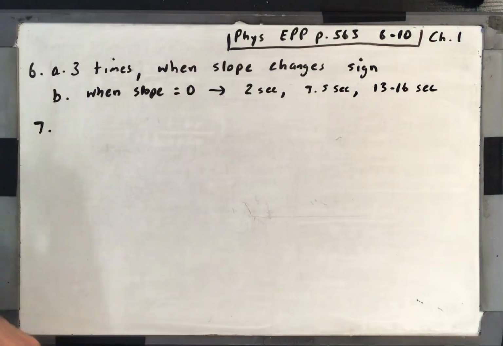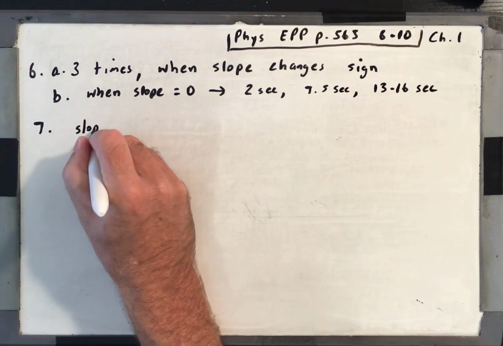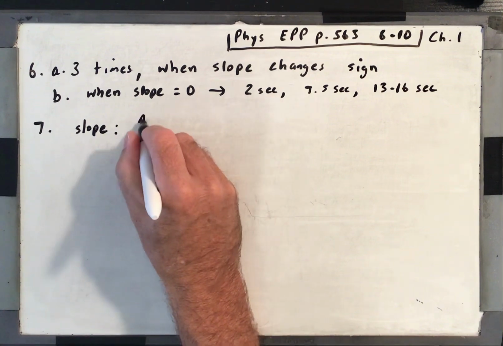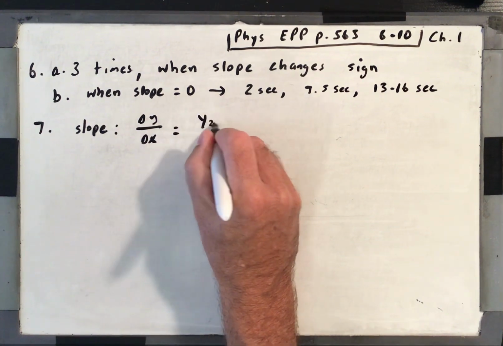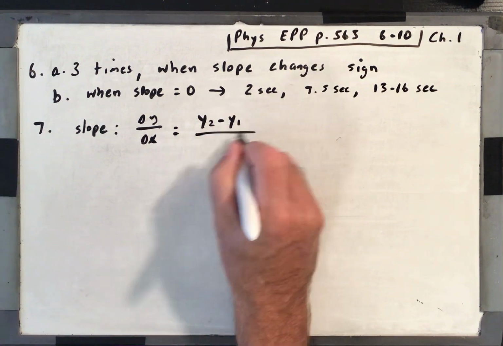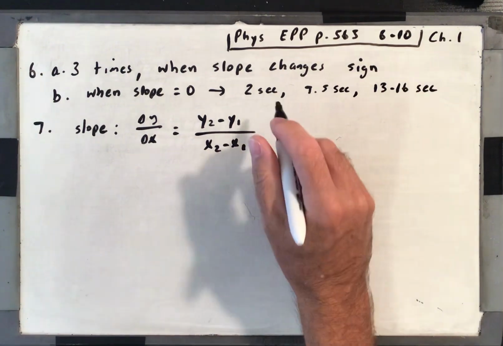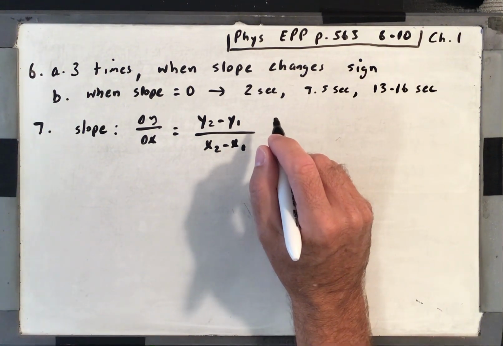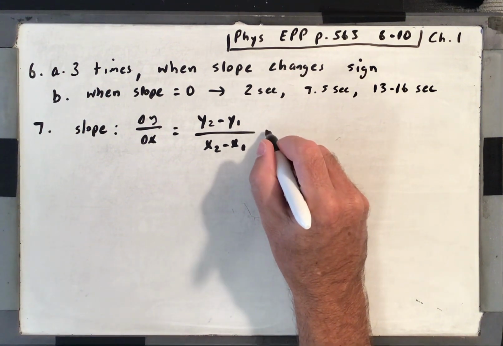So the instantaneous velocity is the slope, and that's going to be the change in y over the change in x, or y sub 2 minus y sub 1 over x sub 2 minus x sub 1. You can try to do it between, let's say, 2 and 4 seconds, but it's much harder to read the graph there at the 4-second mark.